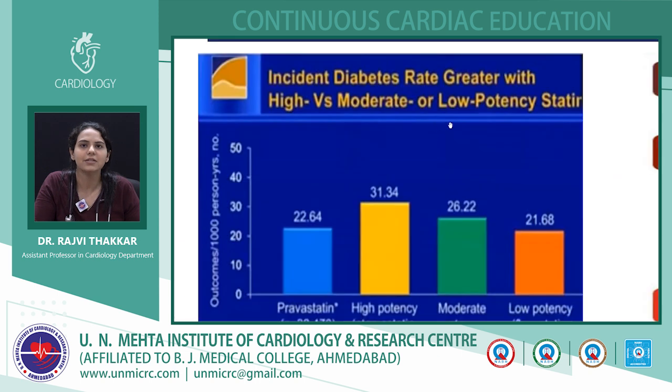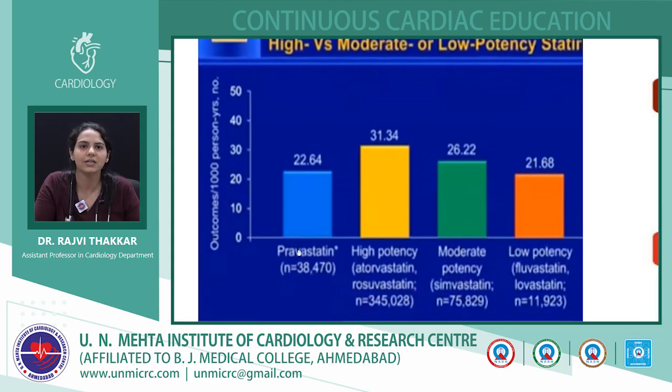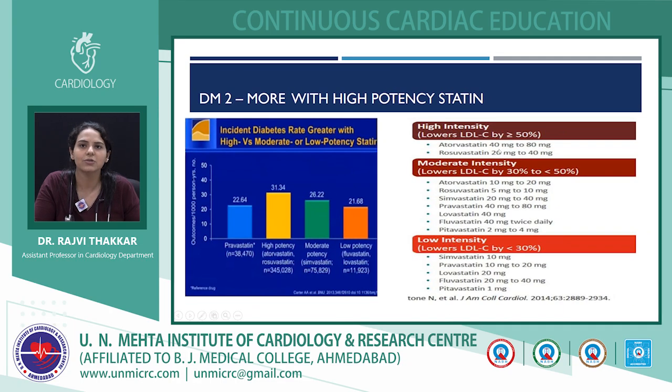The incidence of diabetes is greater with high versus moderate or low potency statins. Pravastatin, and high-potency atorvastatin and rosuvastatin, have the highest incidence of increase in HbA1c, and moderate-potency simvastatin increases it by 26%, while low-potency fluvastatin and lovastatin increase HbA1c by 21%.